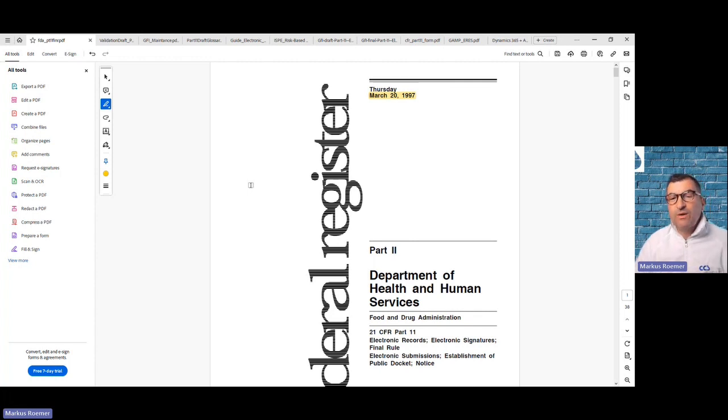So we have a look into the Federal Register of the US-FDA, and now we go back to 1997. Basically, we should go back to 1994. The US-FDA was planning to write 21 CFR Part 11, titled electronic records and electronic signatures.